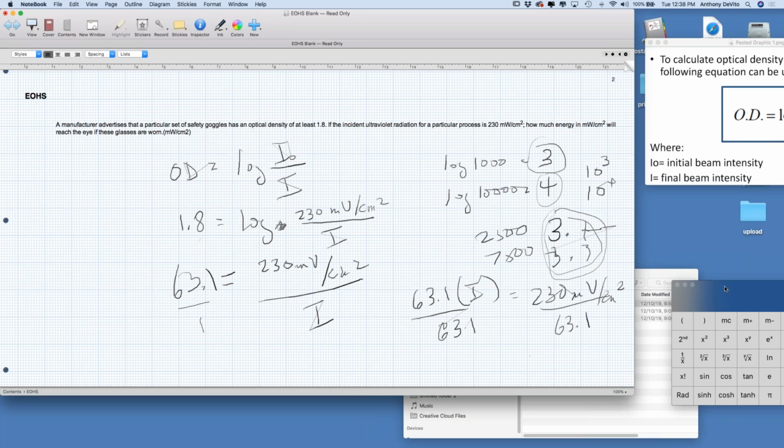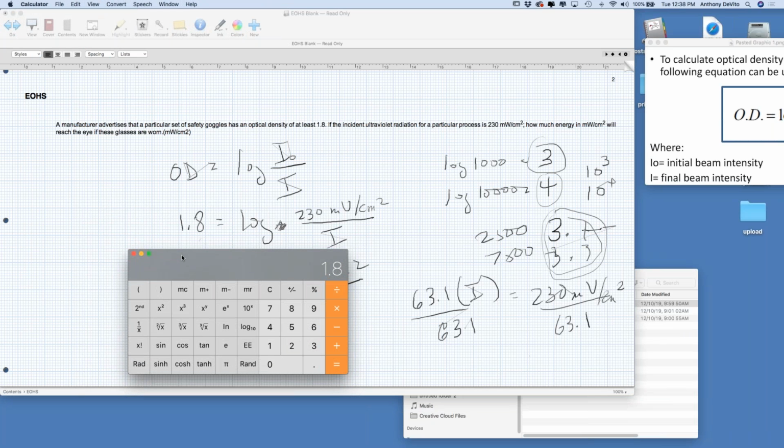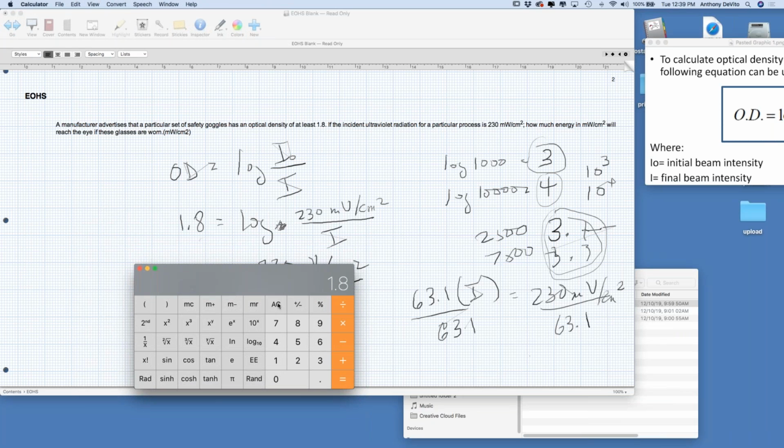So we have a second check on this. We know the fraction is going in the right direction, because if it were the wrong direction, there would be more energy reaching the eye, when really there should be less energy through the glass. So for what it's worth, 230 divided by 63.1 is equal to 3.65 milliwatts per square centimeter.